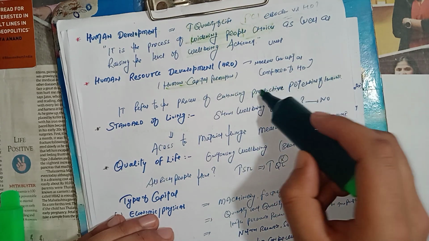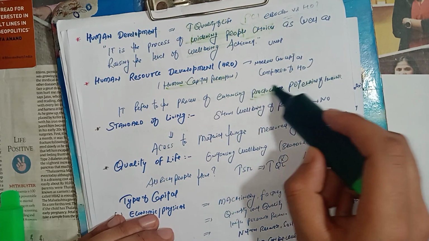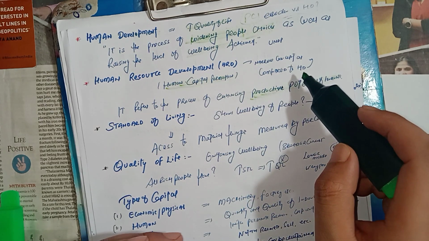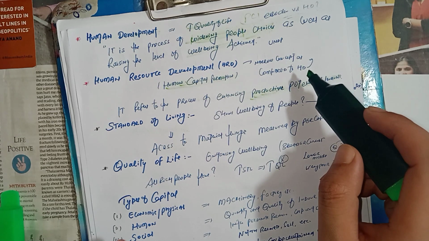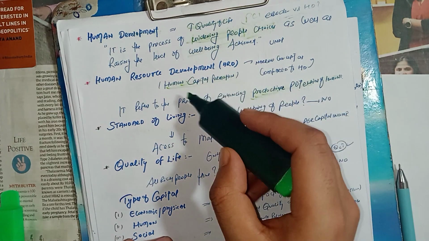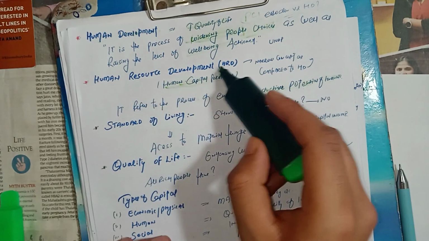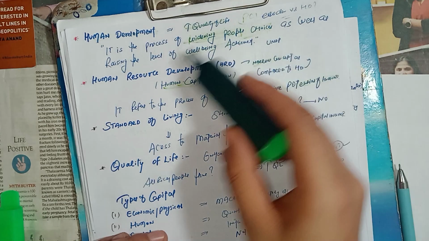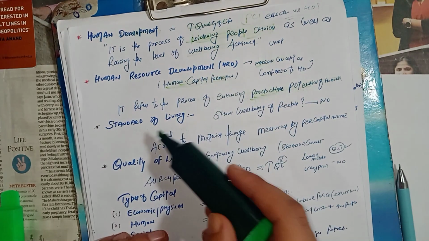Enhancing productive potential means providing education, increasing skill, providing training and this kind of thing, so productivity should increase. So this will lead to human resource development. This is the narrow concept as compared to human development.